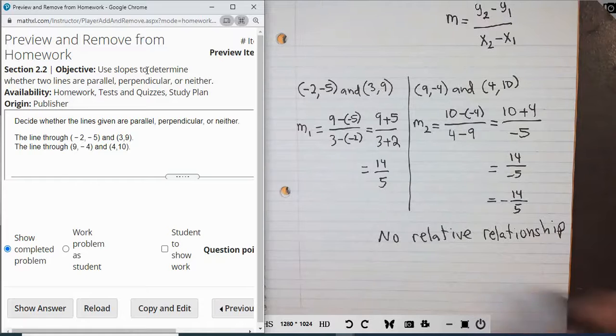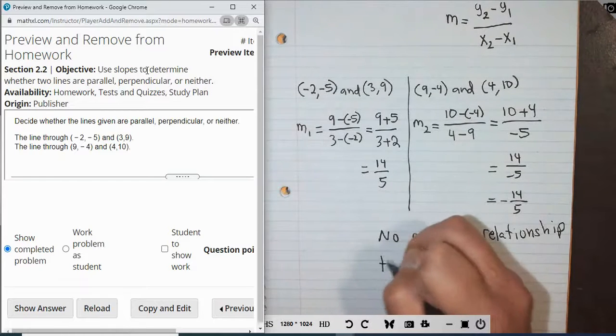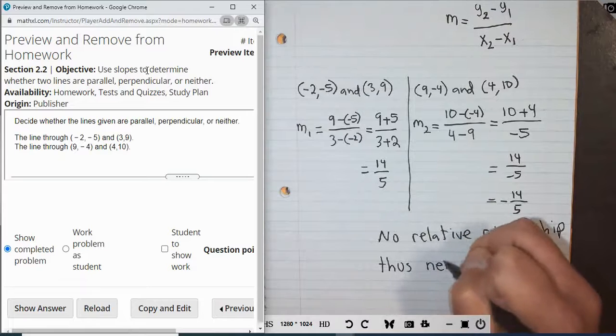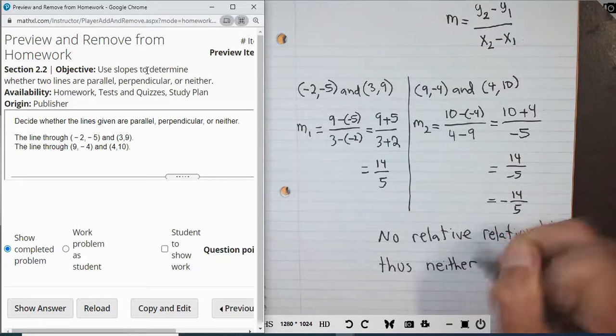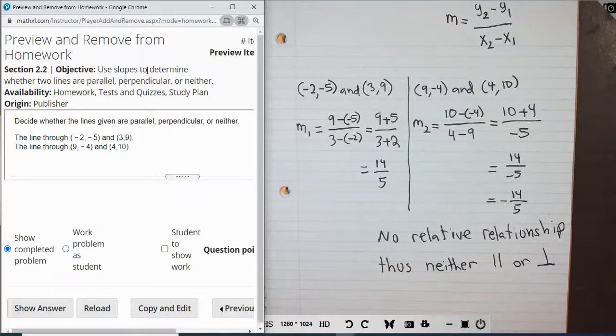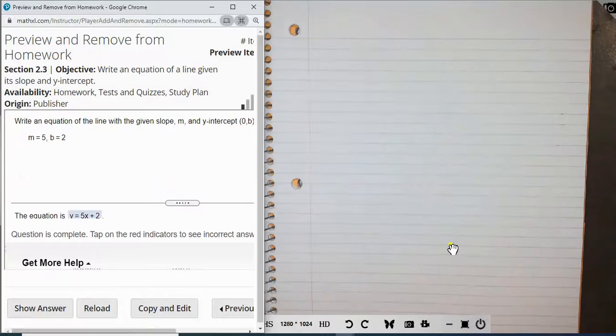So since there's no qualifying relationship, we can say they are neither parallel nor perpendicular. Neither. Right, so this is the one you don't want to miss. And if you miss this one, I guarantee you afterwards you'll be kicking yourself. Like, oh my gosh, I can't believe I missed that one.